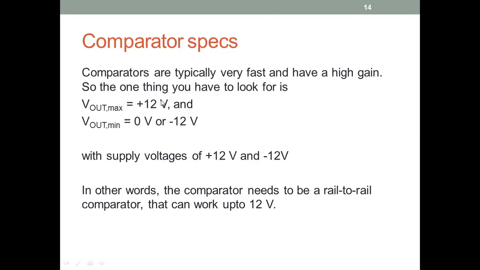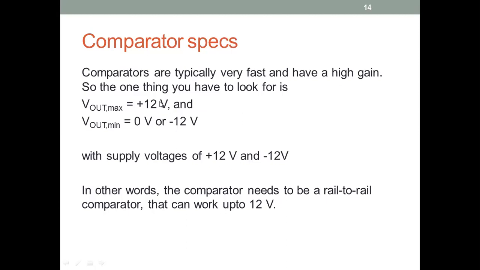So you have to find a comparator that works up to 12 volts, and you can apply a DC supply voltage of 12 volts, because if you take a comparator chip that works only up to 3 volts or 5 volts, and you apply 12 volts, it might just burn. So you have to choose a comparator which in the specification itself says in the data sheet that it goes up to 12 volts. So that's all you have to do.